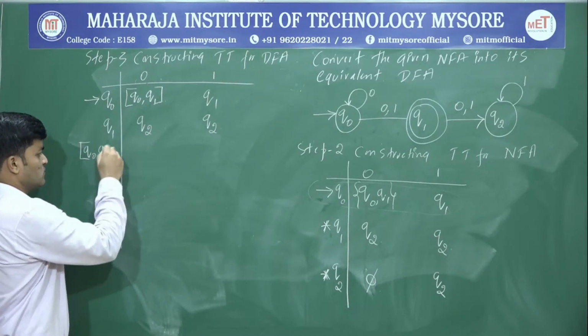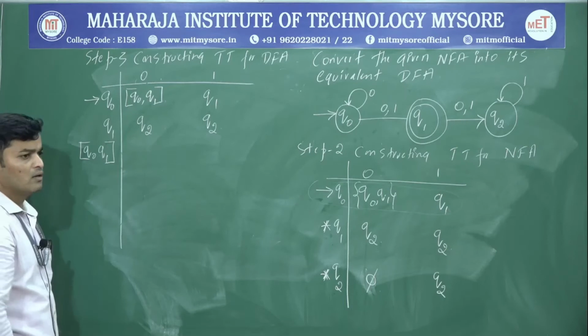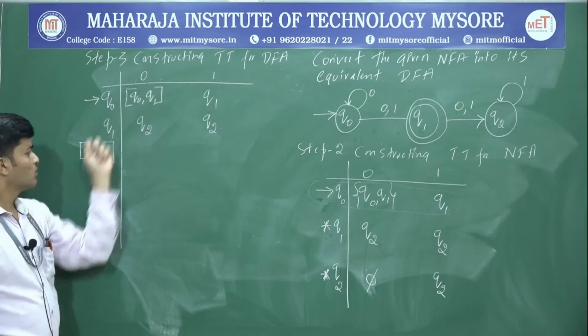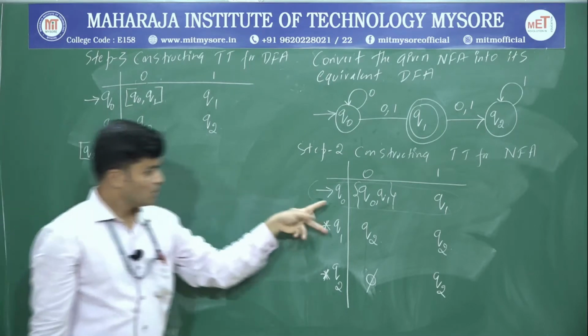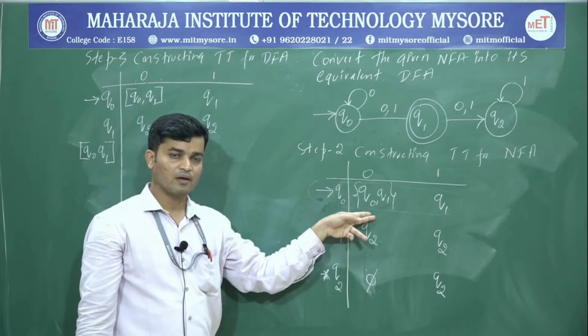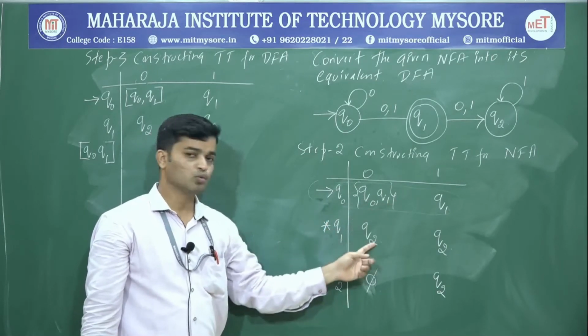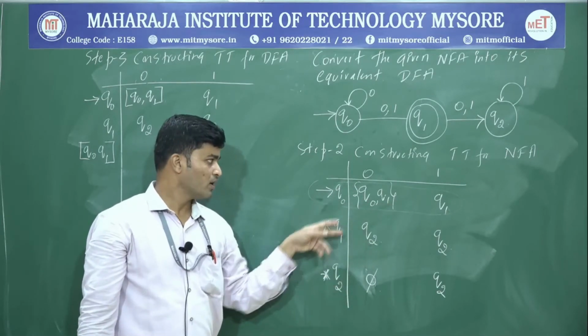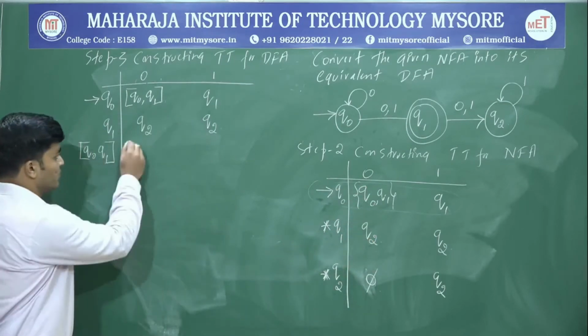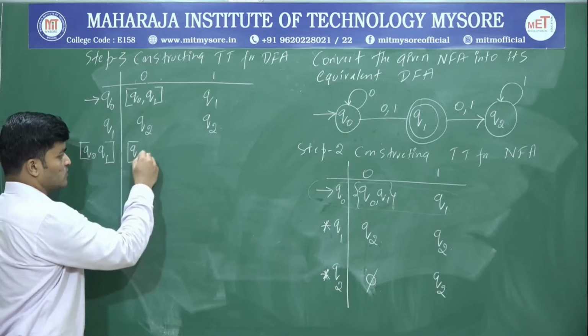What is Q0 Q1 upon 0? Take the union of these 2, and you will get Q0 Q1 Q2.